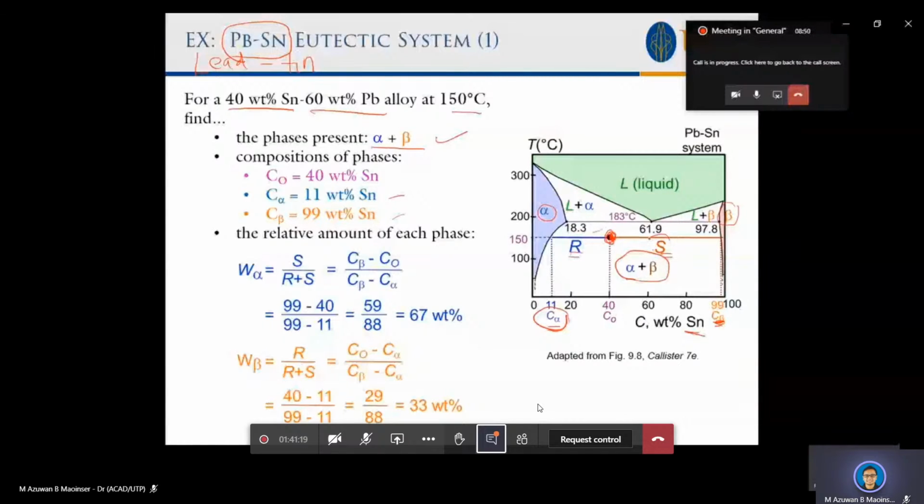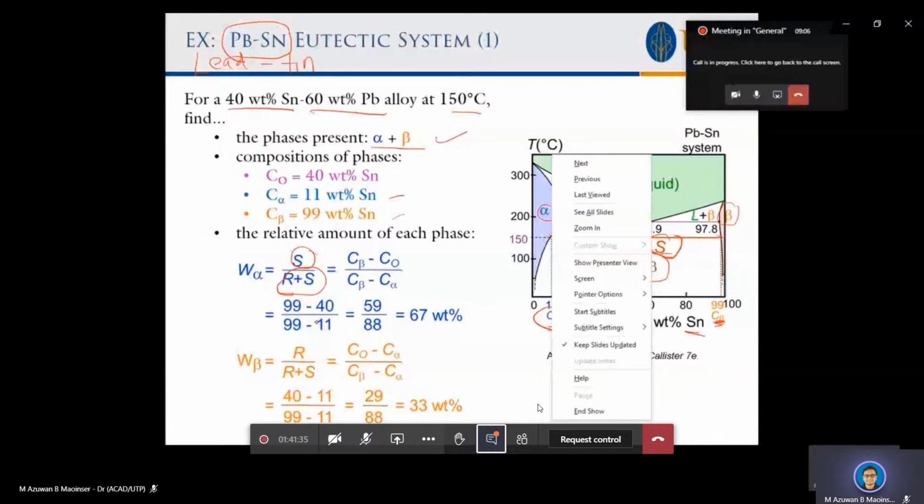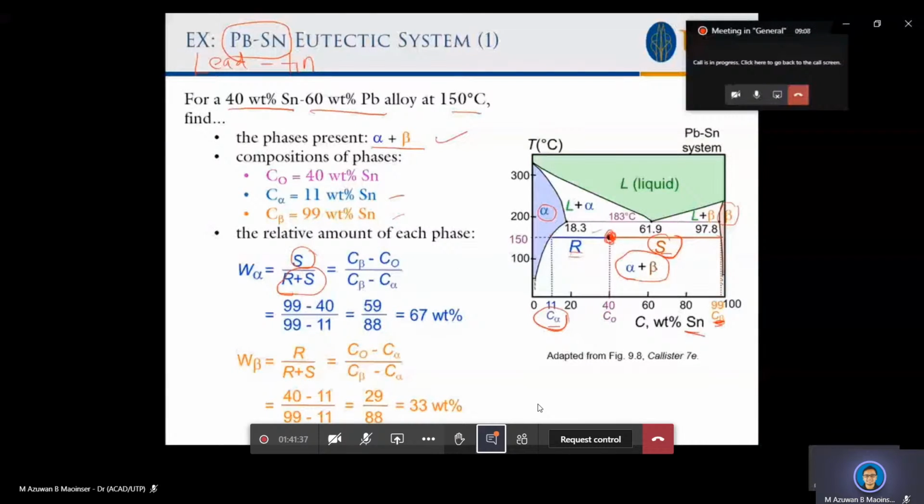I will take S. So S over the total length. Now, what is S? S is actually 99 minus 40. So 99 minus 40, and the total length is 99 minus 11. That's the total length of R and S. Therefore, I can quickly get my amount of alpha as 67 weight percent.